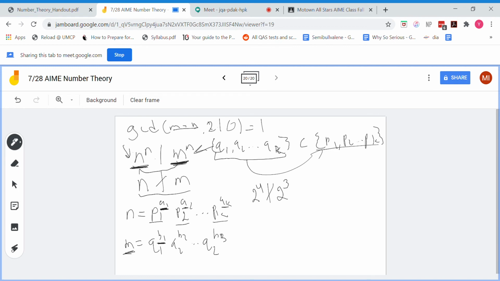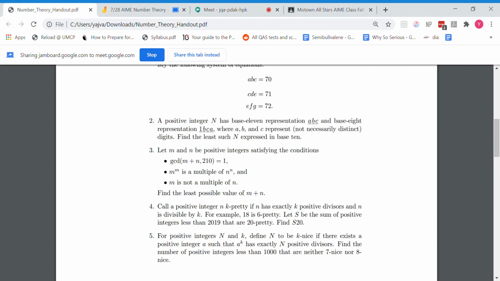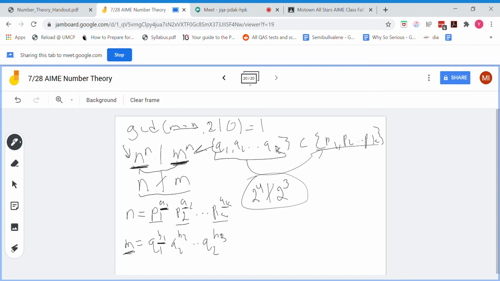Well, if all of them are 1, then can this ever be possible? That can never be possible, right? So if all of these are 1, then n must have extra prime factors. So this possibility is not possible. So either n has a prime factor of a higher power than the corresponding prime factor in m, or one or more of these exponents is not 1. So that's a possibility.